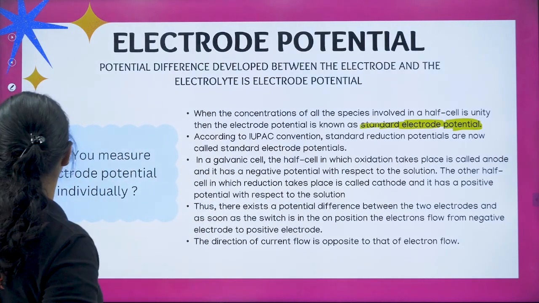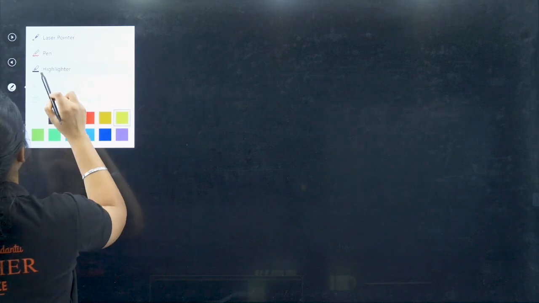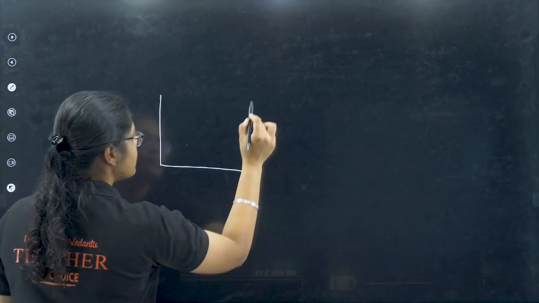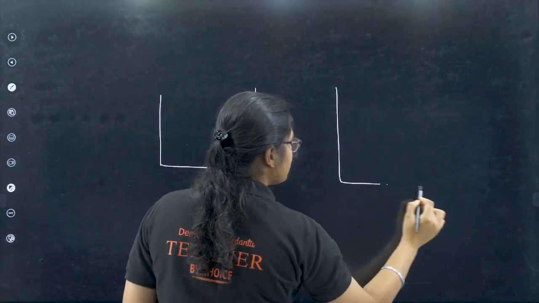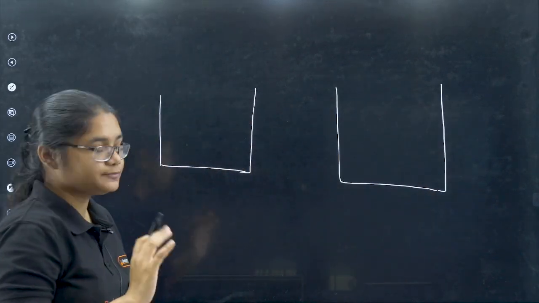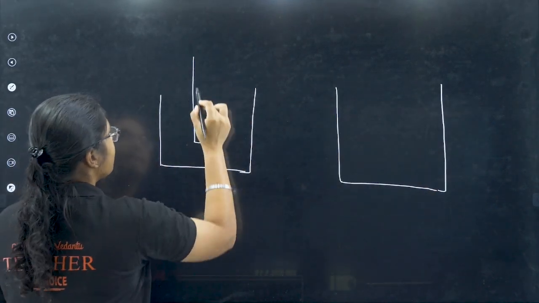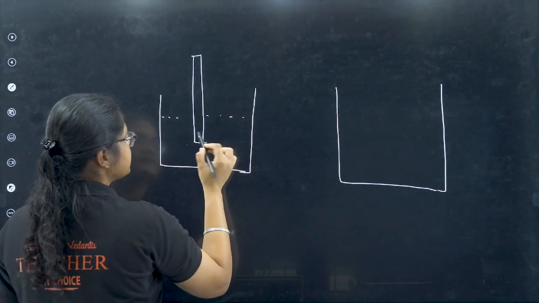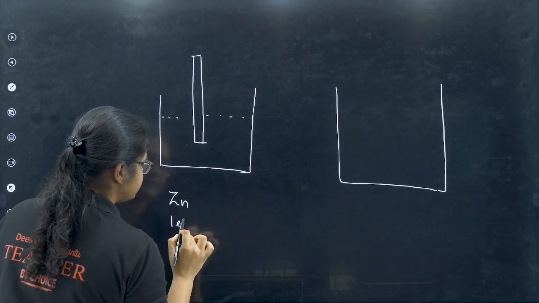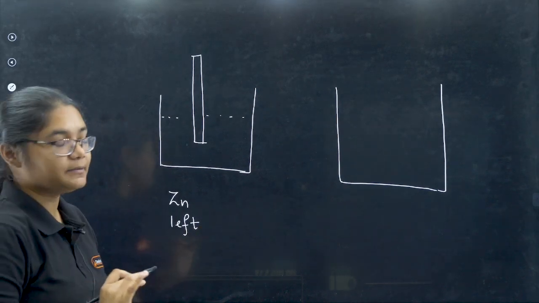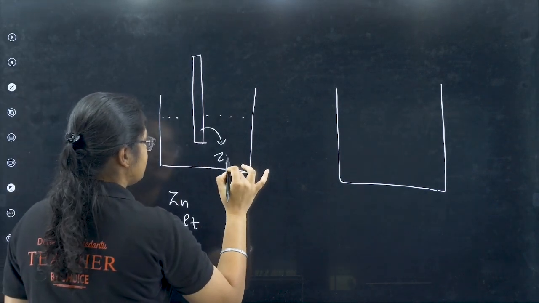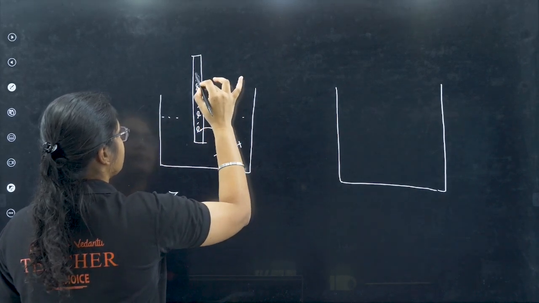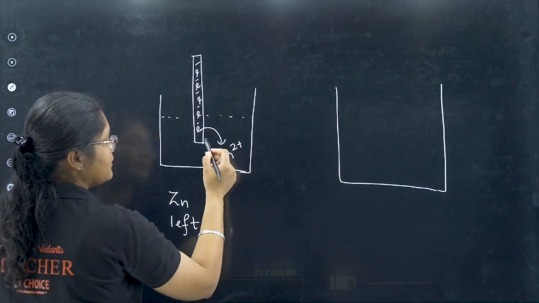So now we have two types of potential. If you see, I have two chambers, okay? This is the Zn side, or I can say the left side. Here, Zn is coming out as Zn2+, leaving electrons on the rod, so there is a negative and positive surface.